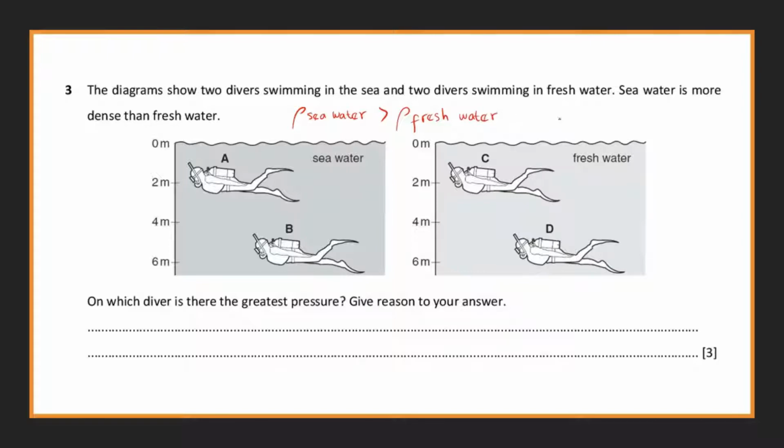How do we know this? It is said here, seawater is more dense than fresh water. That means the density of seawater is greater than fresh water. Now, pressure equals density of the liquid times acceleration of free fall, or acceleration due to gravity, times the depth of the object.